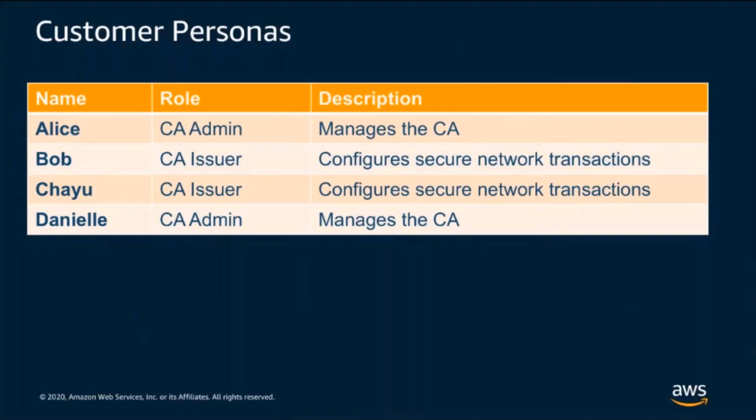She also configures secure network transactions and has a similar job to Bob and needs the same capabilities that he does. Lastly, we have Danielle. Danielle works closely with Alice as a CA administrator. She manages the CA and is responsible for working with Alice to ensure the security of that CA.